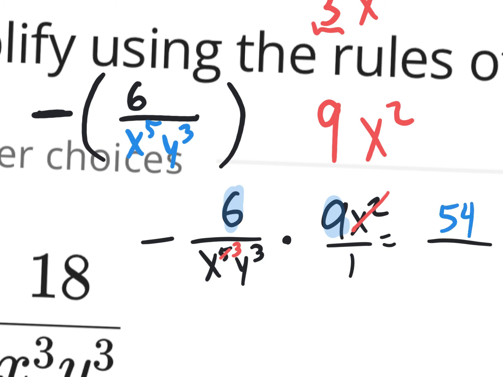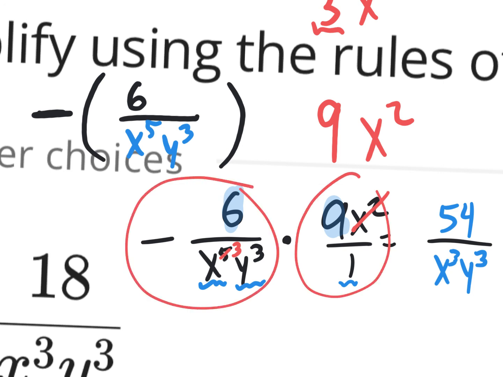No x's, no letters. On the bottom, you do have the x to the 3rd, y to the 3rd times 1, which is just x to the 3rd, y to the 3rd. I did forget that the negative sign, this is a negative times a positive, that will be a negative. So yes, the answer is negative 54 over x to the 3rd, y to the 3rd.